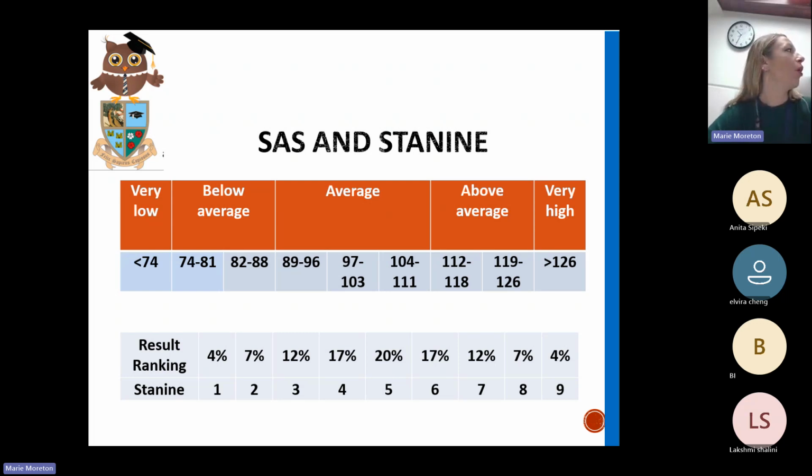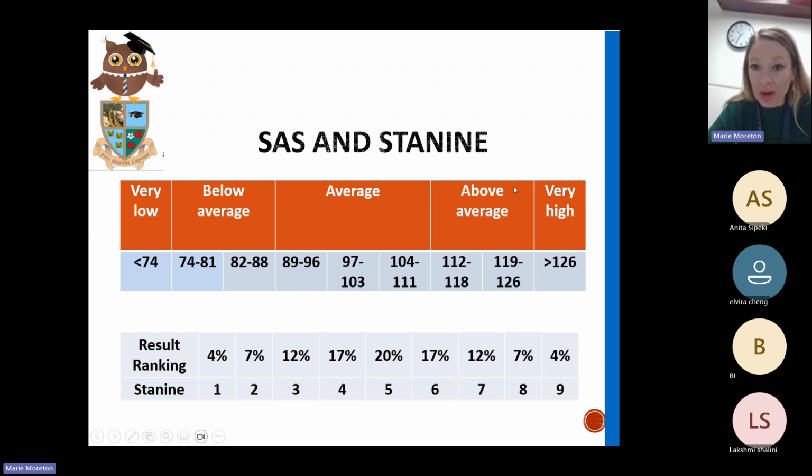Most children will be scoring in this average range in between. So it's completely expected that children will be scoring between 89 and 111 standardized age score points. And if you see your child scoring in this range, that means they are average. They're doing exactly what they should be for their age.